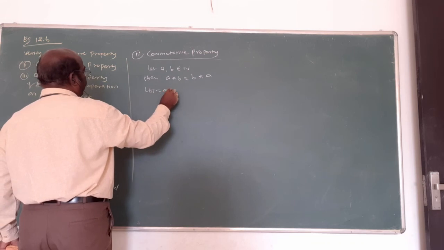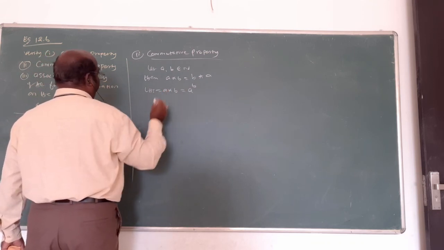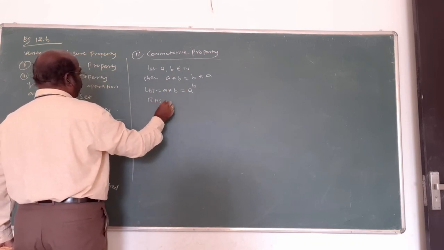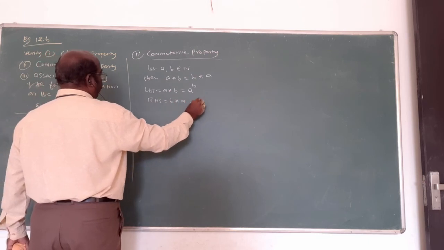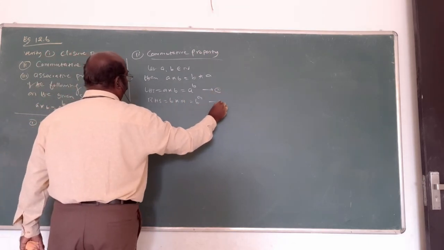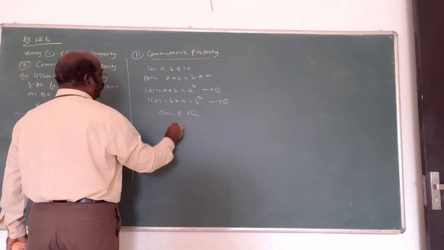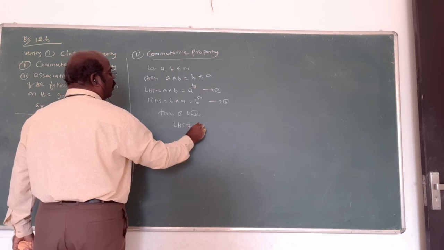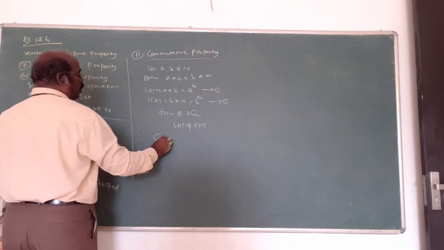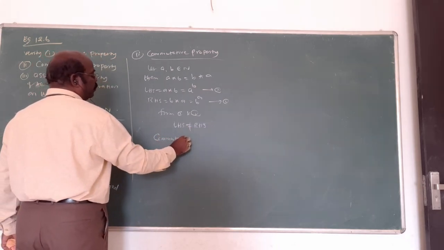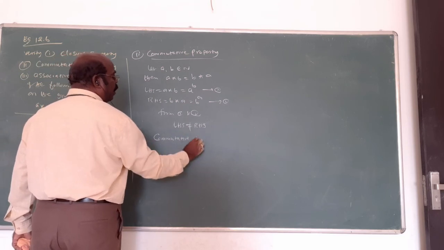LHS is what? a star b equals a power b. RHS is what? b star a equals b power a. From 1 and 2, not equal. Therefore, commutative property not satisfied.